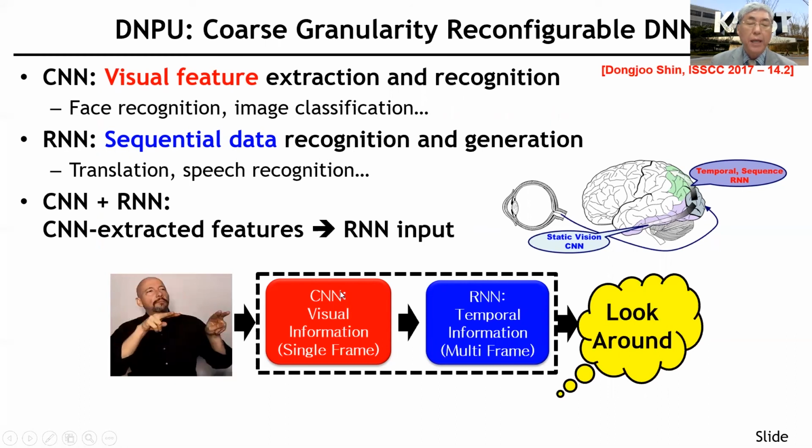So if you combine the CNN and RNN together, then you can recognize gestures or actions. So this is the hand sign and sign language, and the meaning is look around.